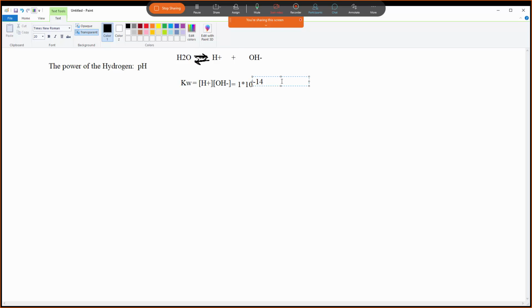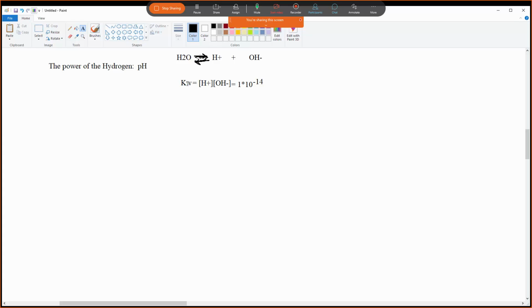Which is to say, I think pretty obviously, that only a tiny amount of this happens. And really, mostly it's all just water, as you would expect. But it's measurable. And in pure water, of course, half of it's going to be H plus and half of it's going to be OH minus. So remember, these are multiplied, right?